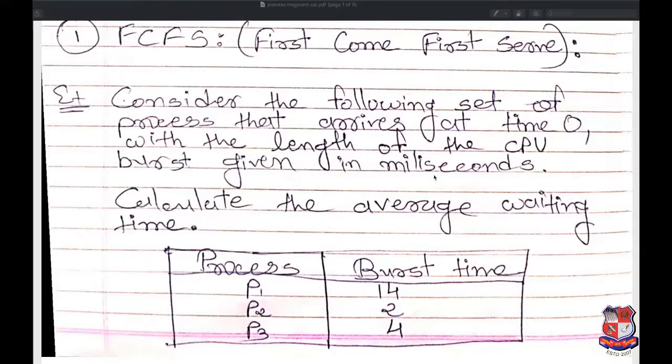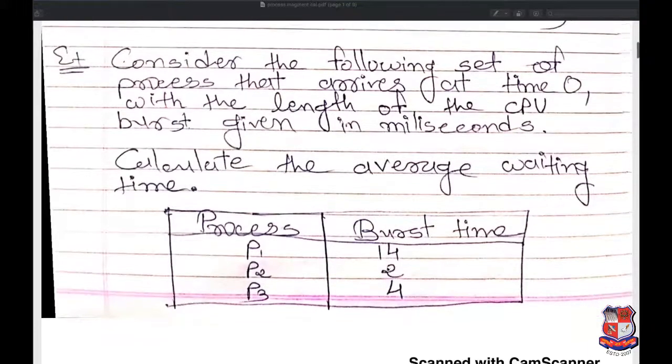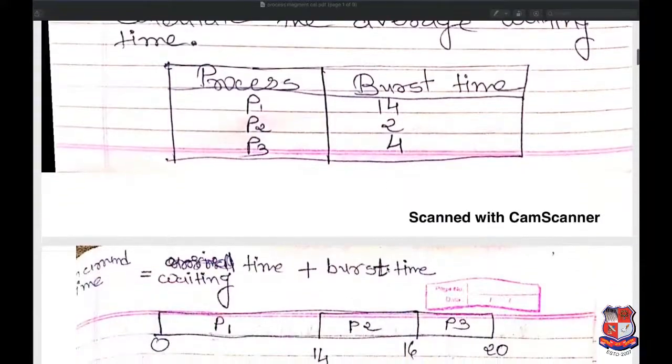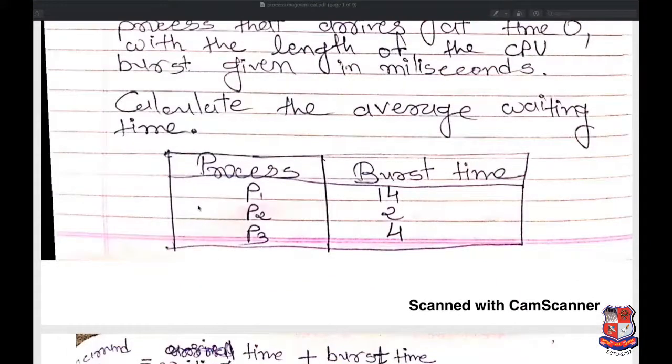So we follow the steps for FCFS without arrival time, because all the processes have the same arrival time value, it's 0. So let us start with FCFS. Based on FCFS we execute all the processes based on their request.